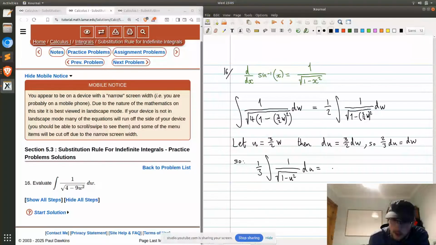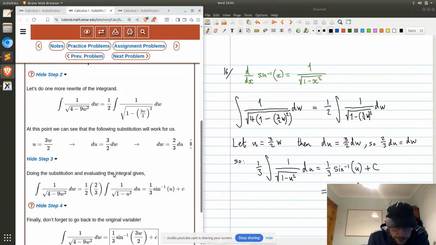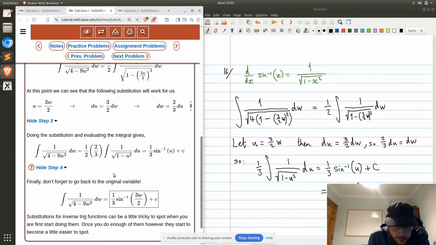And that is 1/3 of arc sine of u plus c, which is 1/3 arc sine of 3 over 2w plus c. Is it right though? Yeah.